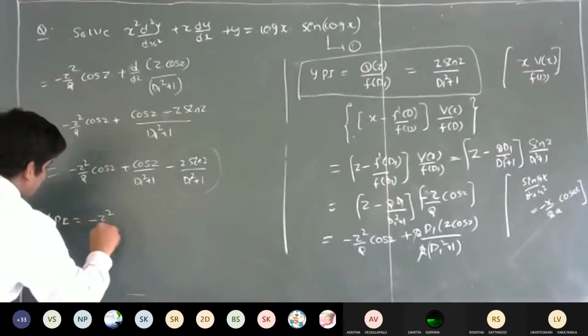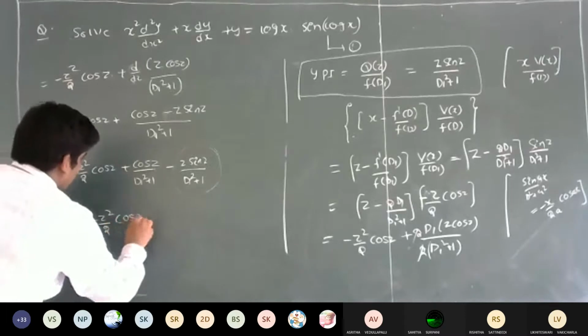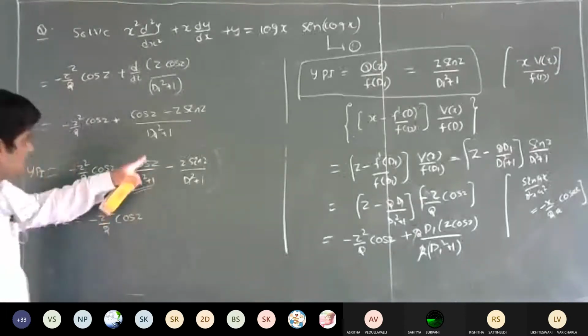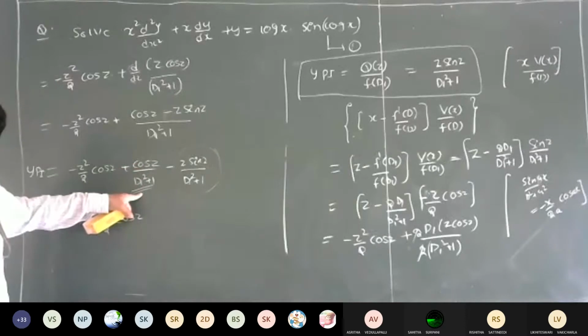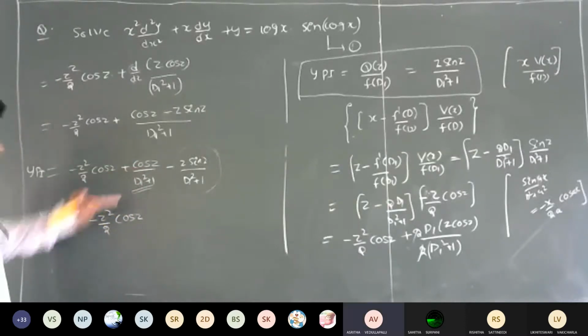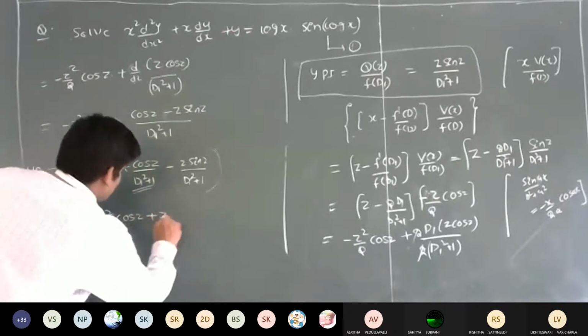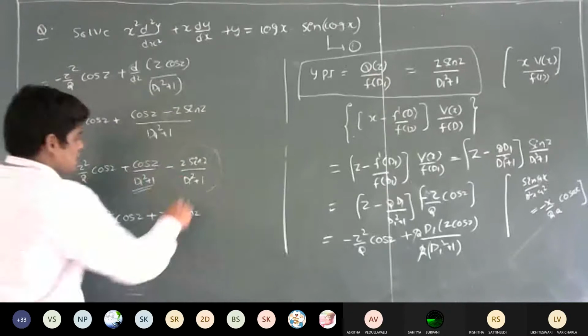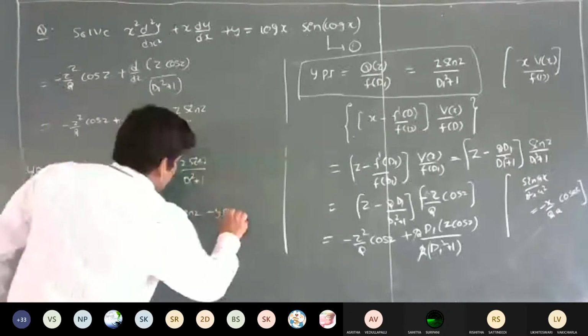equal to minus z square by 2 cos z, right? So now it is a regular or failure case. Coming to this, it is a failure case. So this is also z by 2 into sin z. So it is nothing but YPA.